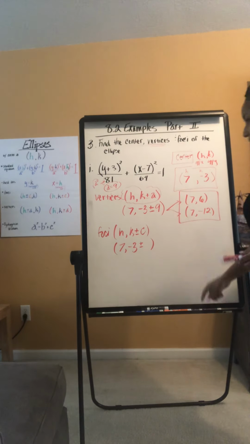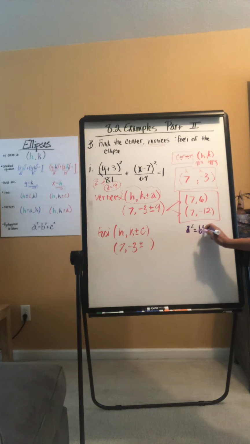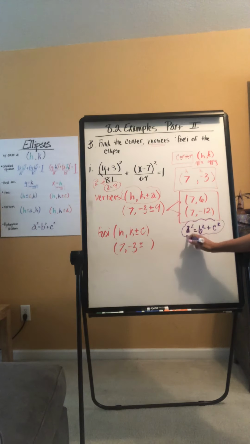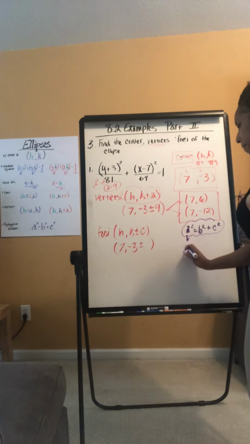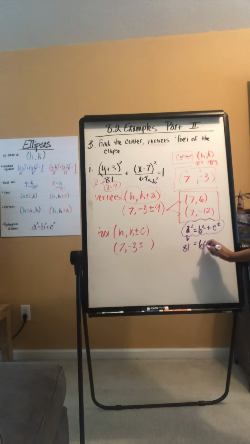All right, we know to find my C, we use the Pythagorean relation. So A squared equals B squared plus C squared is the Pythagorean relation. My A squared was the 81. My B squared comes from here, right? This is B squared. So B squared is 64 plus C squared.